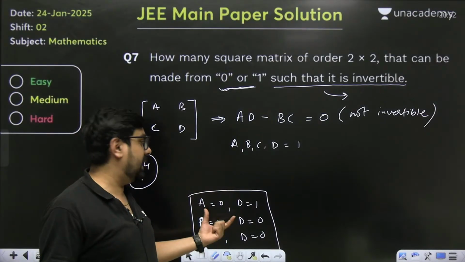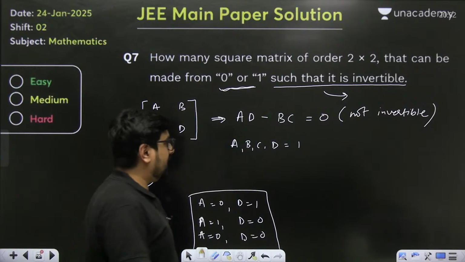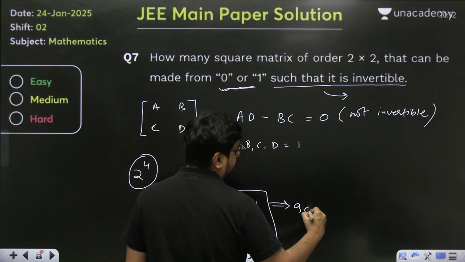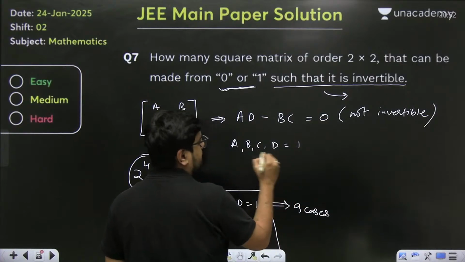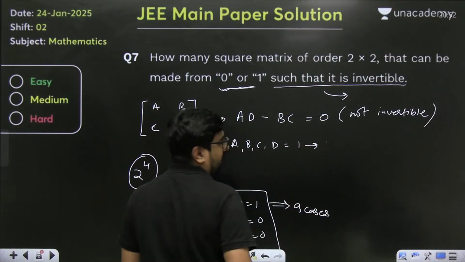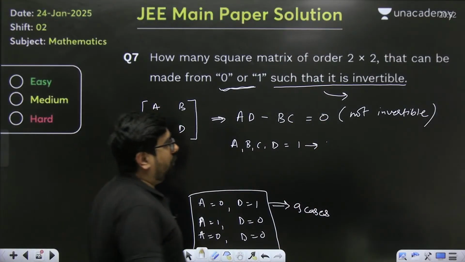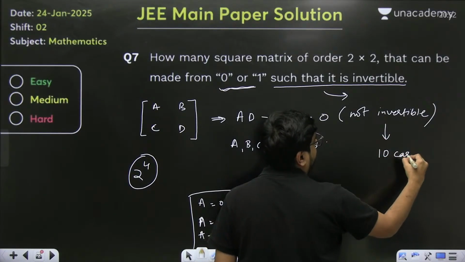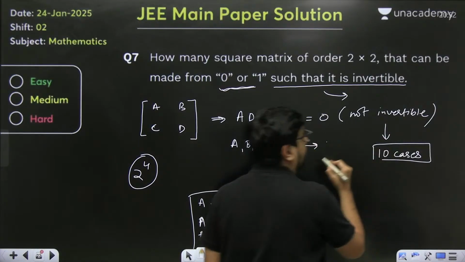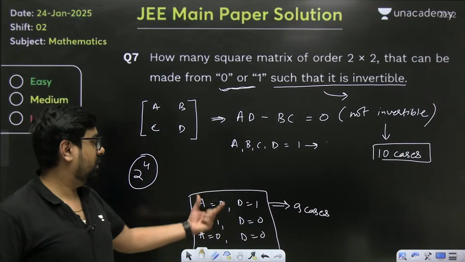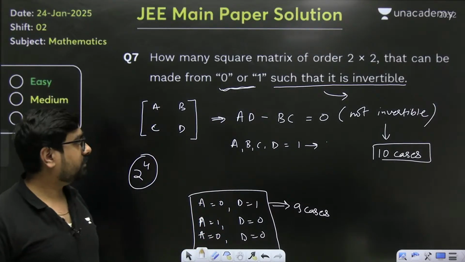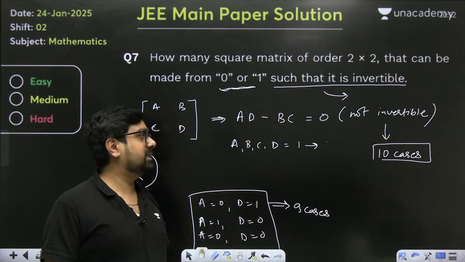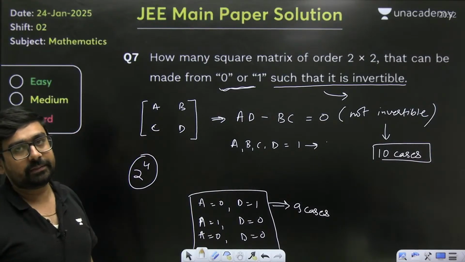Total cases will become 9. Like this, we'll have 9 cases, and this is one more case. So when they are not invertible, in total we have 10 cases in which the matrix will not be invertible. You'll have to count like this. There will be total 10 cases in which it will be not invertible.